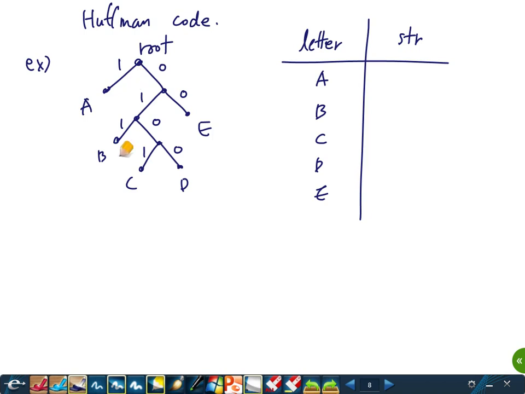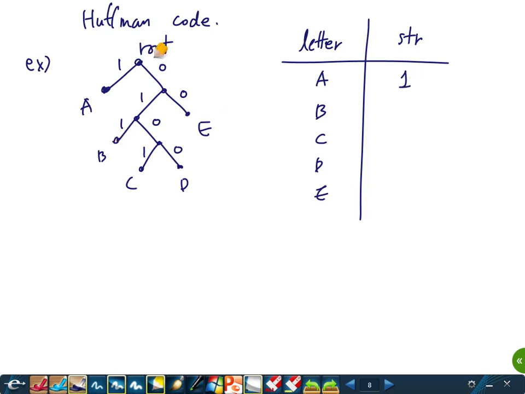And what is the definition of a tree? If you take any two vertices, there is a unique path from one vertex to another. So the bit string assigned to A is the string that you can get by traveling from the root to that vertex. So for instance, for A, this is the unique path, so it is 1. What about B?